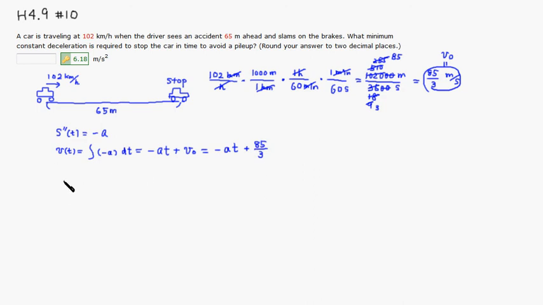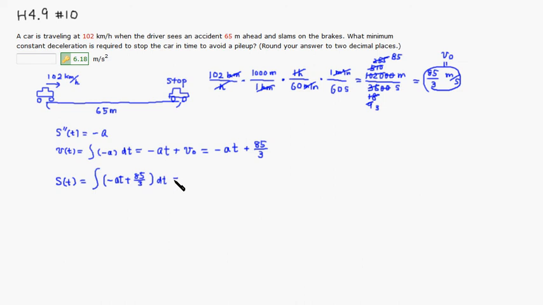Then we can go back to the position function s of t. So that's another antiderivative. So we take the antiderivative of negative at plus 85 over 3 dt.